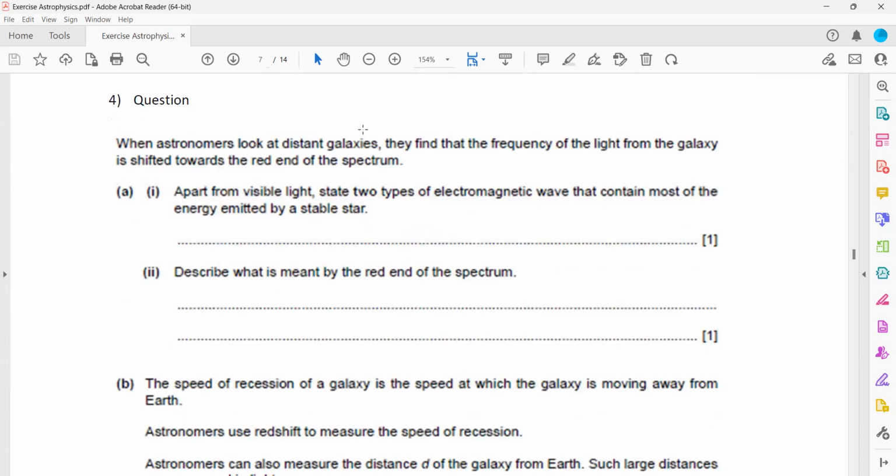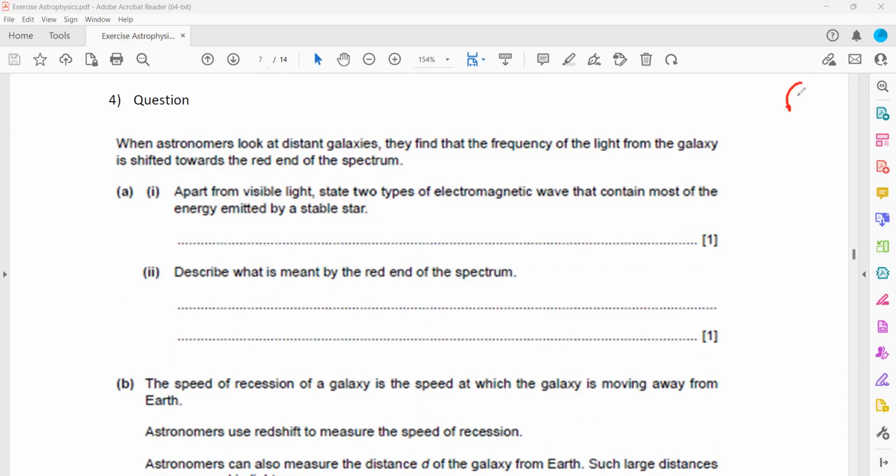When astronomers look at a distant galaxy, they find that the frequency of light from the galaxy is shifted towards the red end.